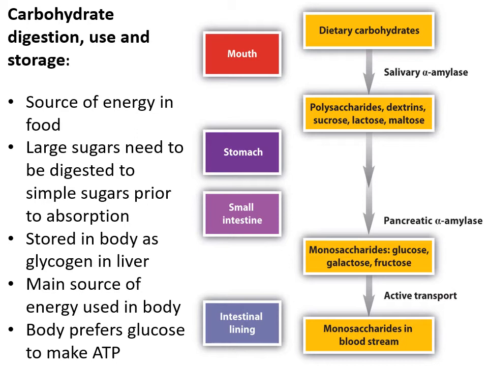The first part of the breakdown process is called glycolysis. There'll be much more detail on that in coming modules. And then it goes through a cycle in the mitochondria called the Krebs cycle, where a lot of ATP, a lot of energy can be obtained by the breakdown of glucose.